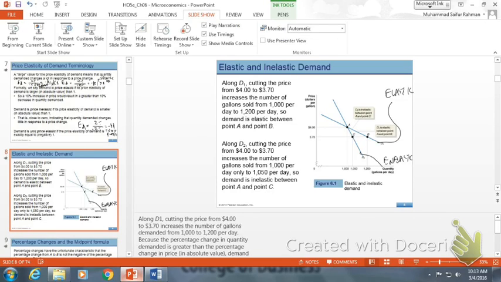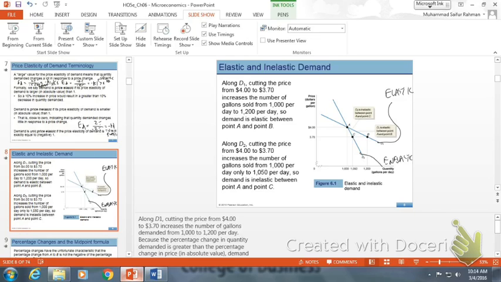Okay, so since I'm going to be using a board, let's go back to the actual figure so that you can see. So I am first looking at my D1, where percentage change in quantity demanded is: you take the new value, you subtract the old value, you divide by the old value, times 100. That's how you calculate percentage change.